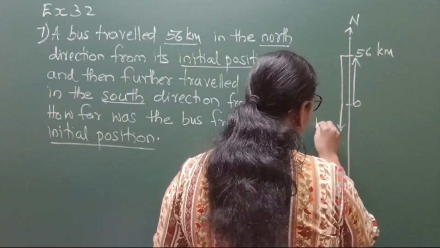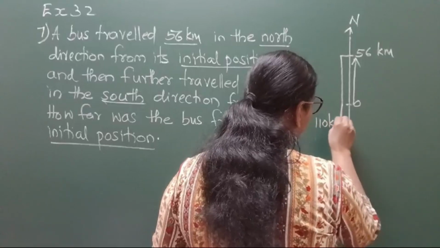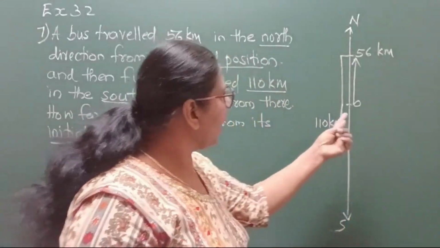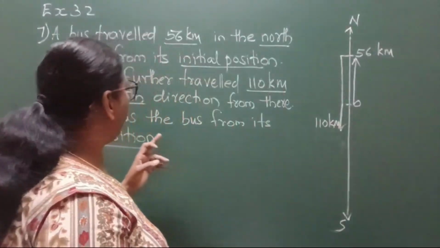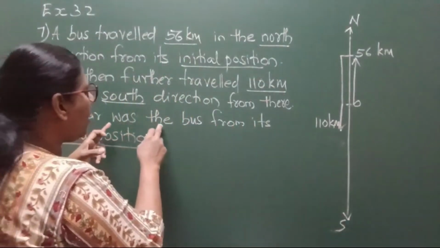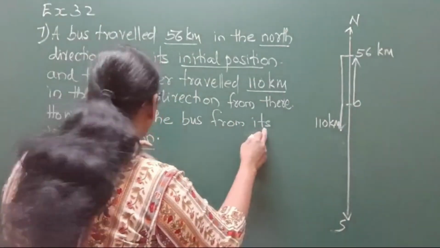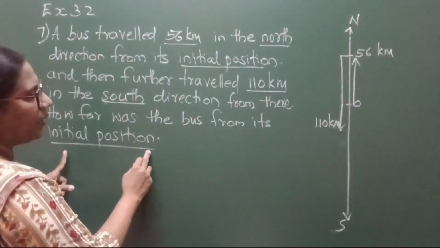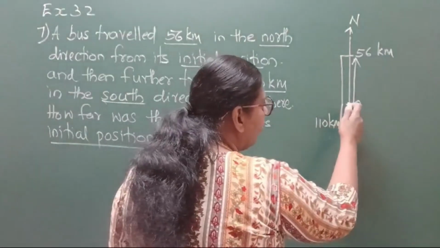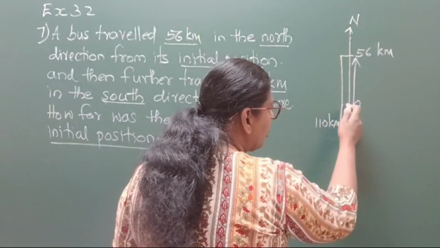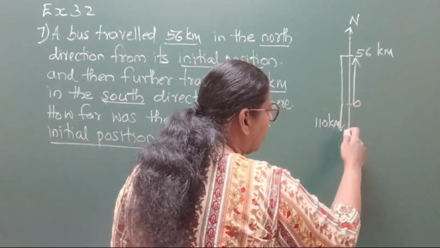Now what do we have to find? How far was the bus from its initial point? That is what we have to find out. From the initial point, how far the bus is.